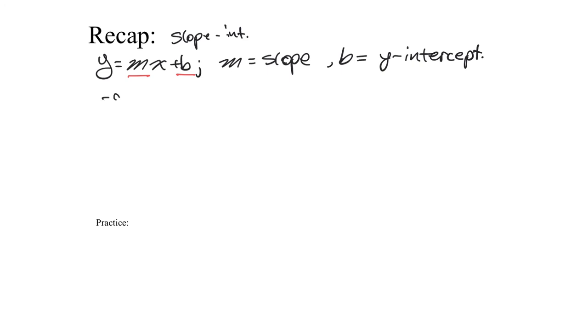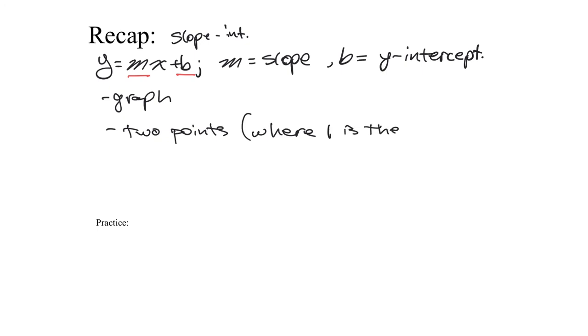Okay, we know how to find it from a graph. We know how to find it from 2 points, where 1 is the y-intercept. And by the way, we're talking about the equation. We know how to find the equation given the slope and y-intercept, okay?